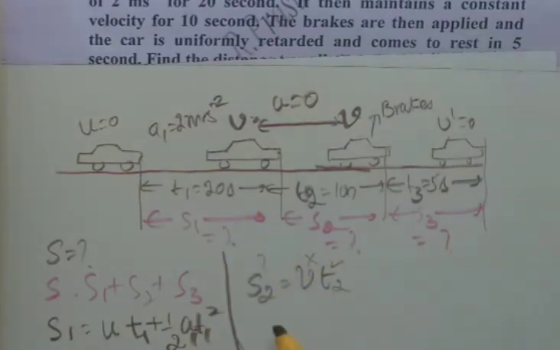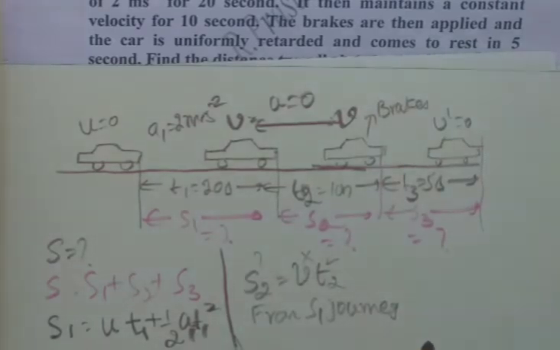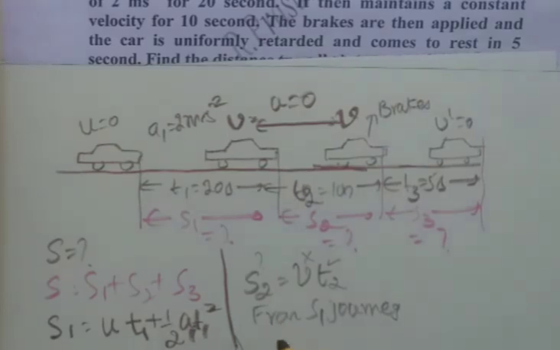Then from the S1 journey we can write these things. V equals U plus A1 T1. V is the final velocity for the S1 journey, so V equals 0 plus A1 which is 2, and T1 is 20, so 40 meter per second.